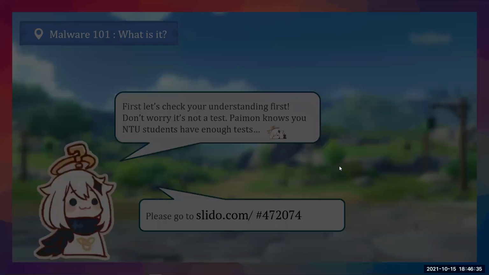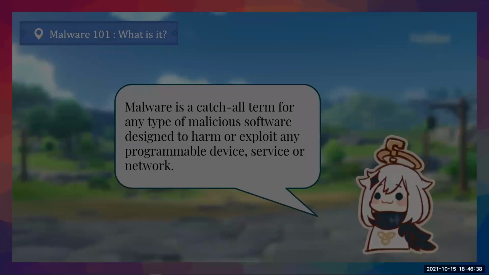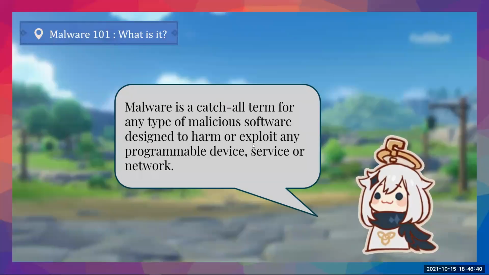Malware is actually an umbrella term for any kind of malicious software designed to harm or exploit any programmable device, service, or network. Why do we need to be so specific about it? It's because it doesn't attack just normal computers, but any embedded system or networking service or data center is also vulnerable to malware. So to define it properly, this umbrella definition works much better.